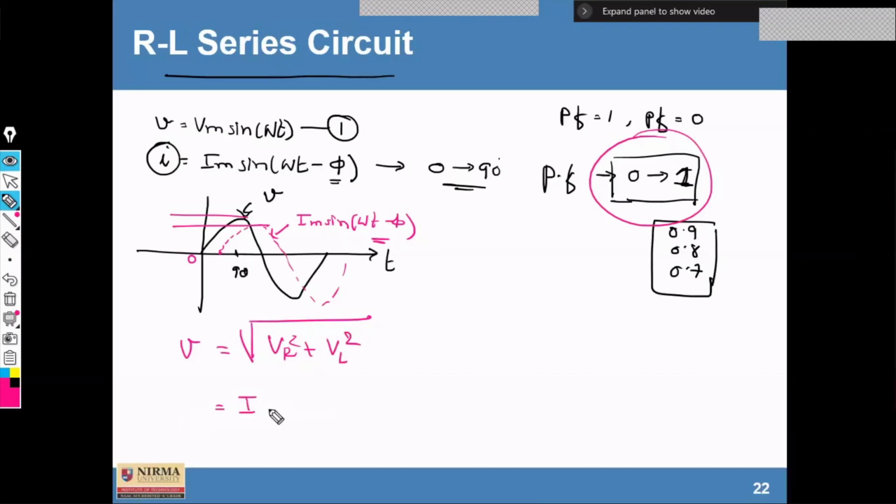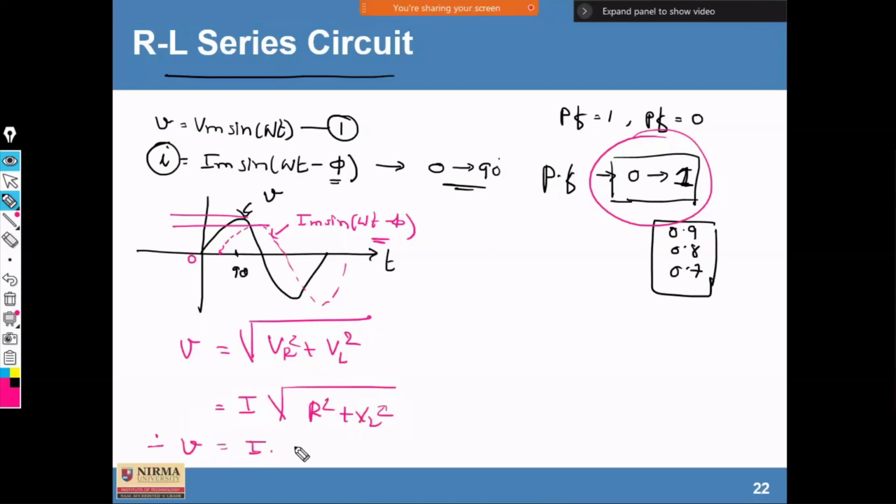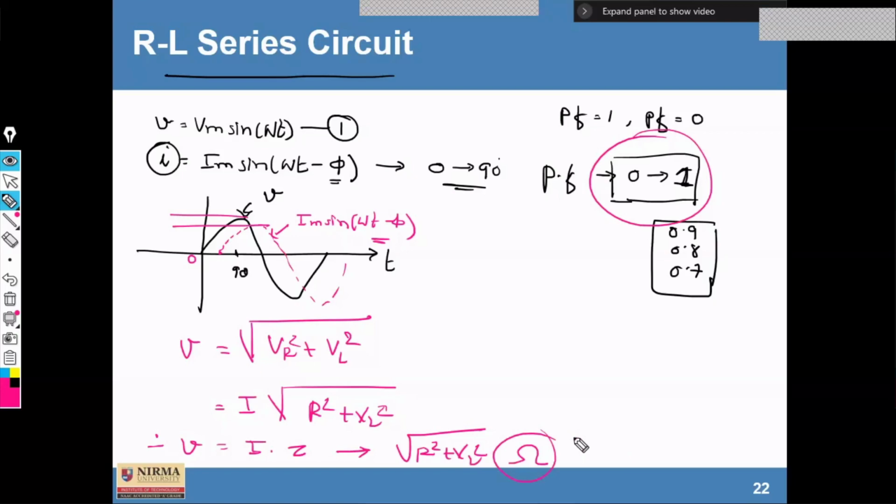So by taking I common from this equation, we can write R square plus XL square, and then finally we can write V is equal to I into Z, where Z is under root of R square plus XL square. So impedance is always measured in ohm. These are the equations we derived.